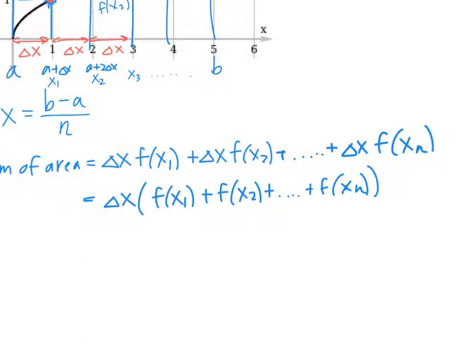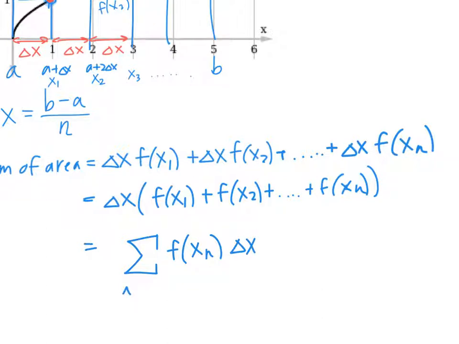Before then, we want to write this in a summation notation. So basically, this is the sum of all of the rectangles together, right? So we have the sum of all of the bases times their, all of the heights times their base.